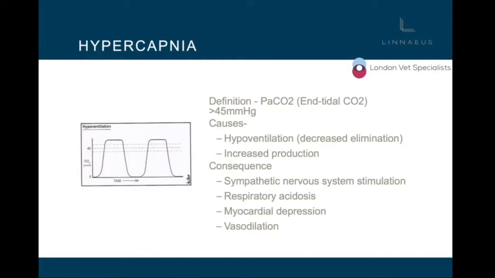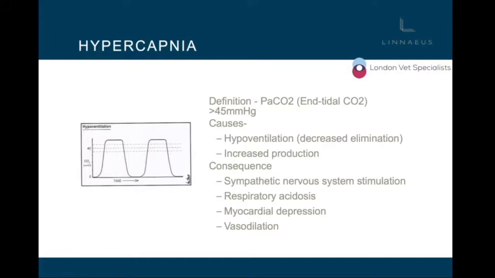Reasons for hypercapnia may be hypoventilation, so failure to get rid of the normal amount of carbon dioxide, or it may be due to an increased production of carbon dioxide. The first one, hypoventilation, is by far the more common cause.